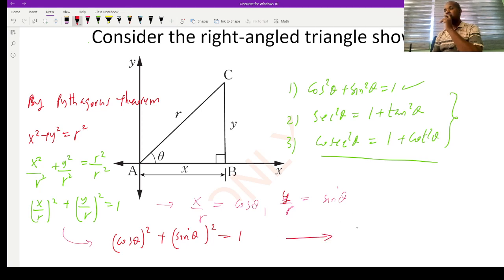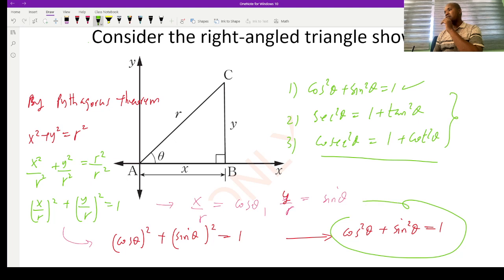So you can easily see the first trigonometric identity derived here is cosine square theta plus sine square theta, and the result is going to be equal to 1. So that is the result for the first identity, and it is one of the very important identities to be remembered and to be used in most of the questions.